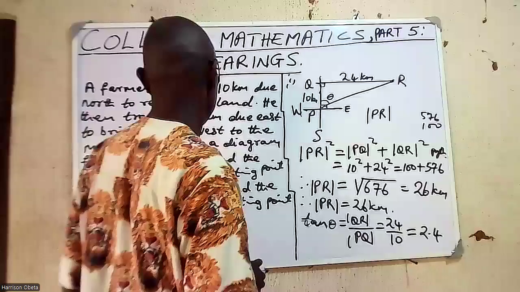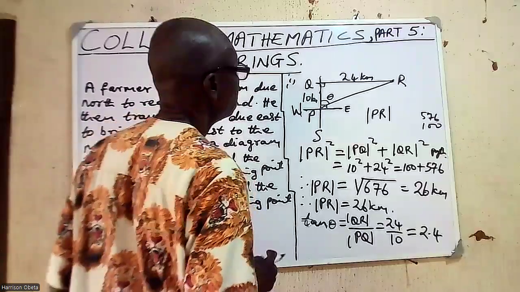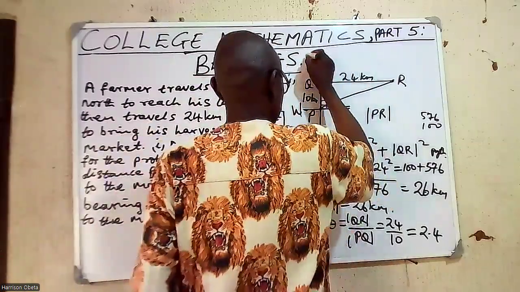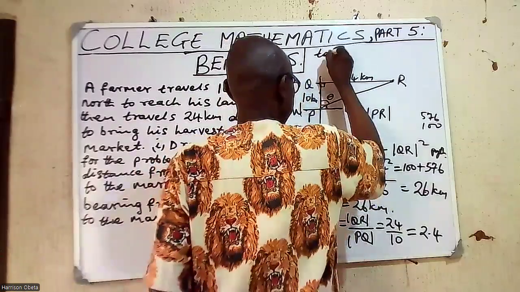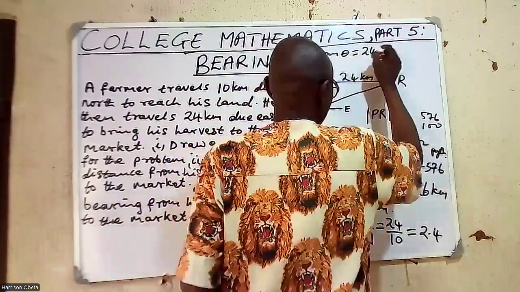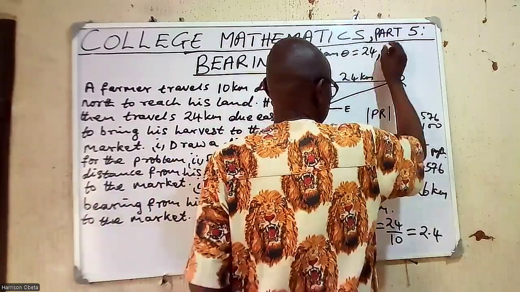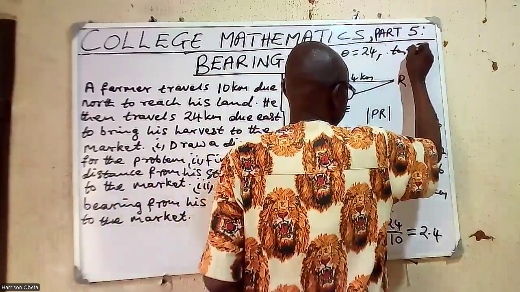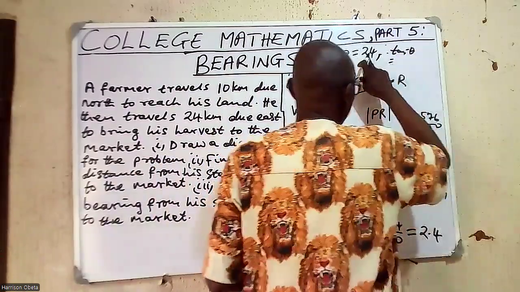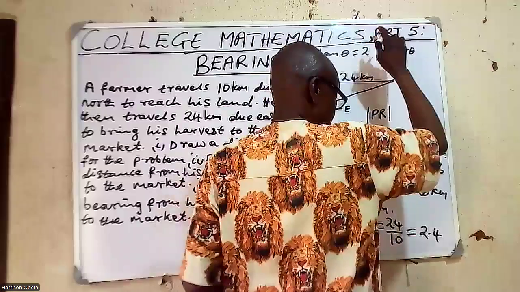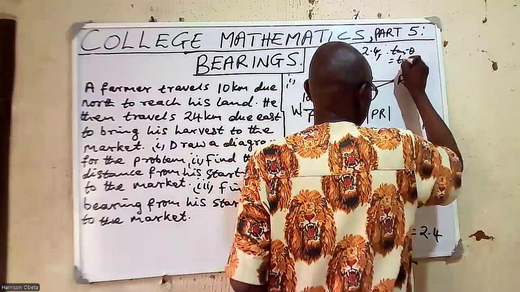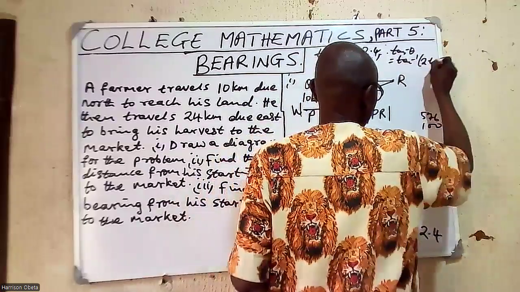Coming up here, we have tan theta equals 2.4. Therefore, theta equals tan inverse of 2.4.